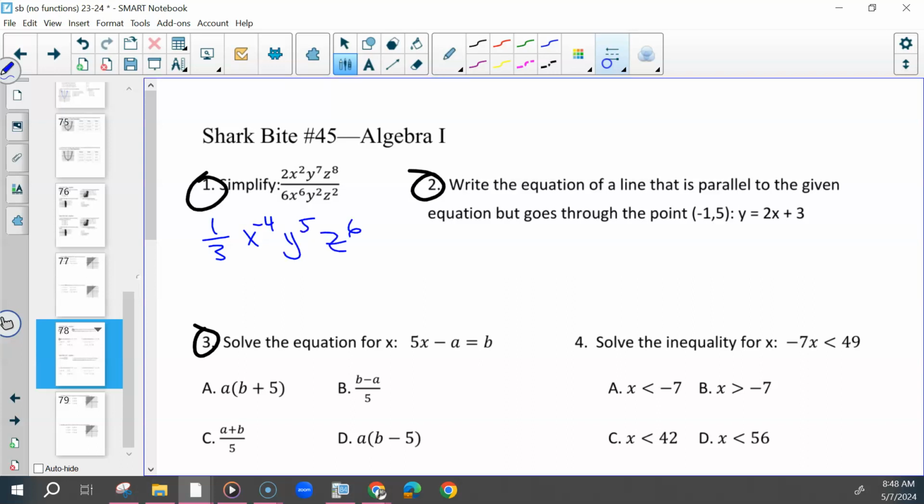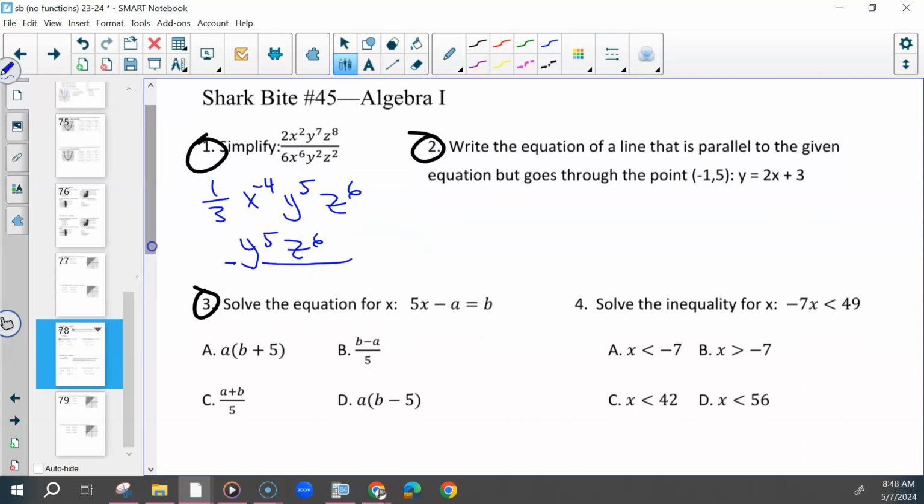And then combine all of these into one big fraction and make sure you don't have any negative exponents left. So the x would come down, the y and the z would stay up, to give us y to the 5th, z to the 6th over 3x to the 4th.